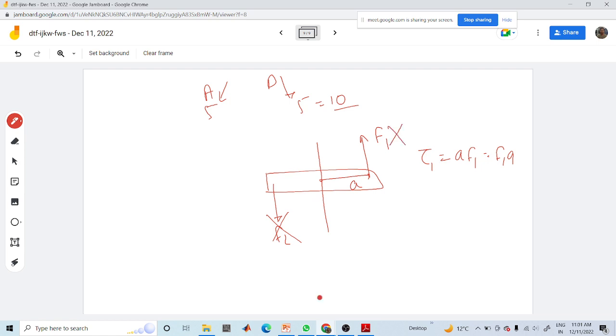Now suppose F1 is not there, only F2 is there, so we will find torque 2 is equal to F2 into A, because this distance is also A.